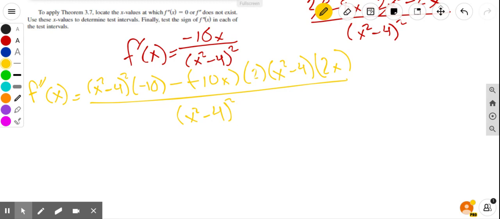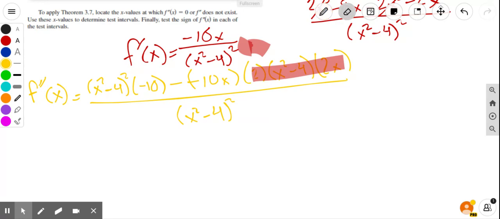All right. So just a quick heads up. This is the derivative of the denominator when you do the chain rule. So now let me show you why I chose not to expand the denominator of the first derivative.